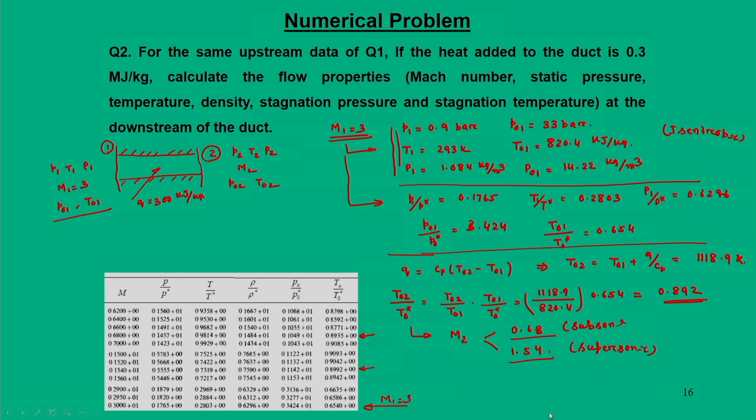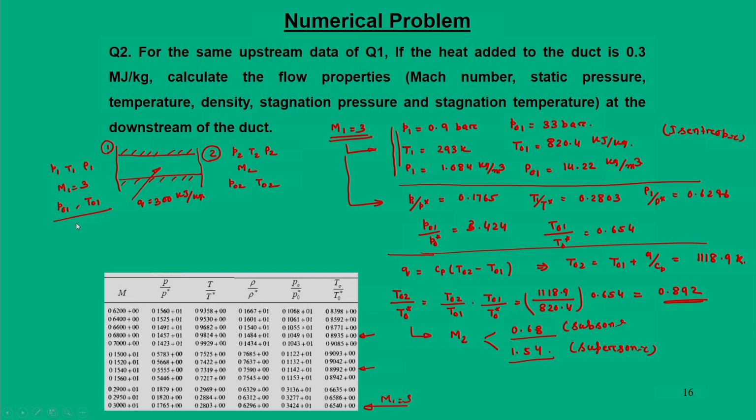So, what has been seen here is that the subsonic solution will not be possible, whereas supersonic solution will be possible. Why, I will come to this in the next class, because the supersonic flow without coming back to sonic flow cannot again go back to subsonic flow.